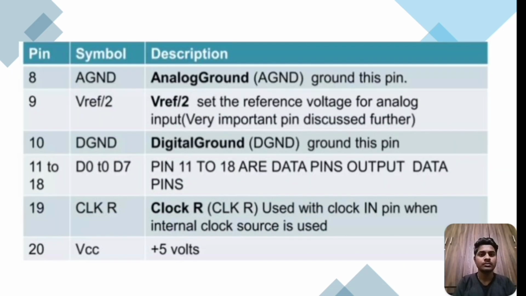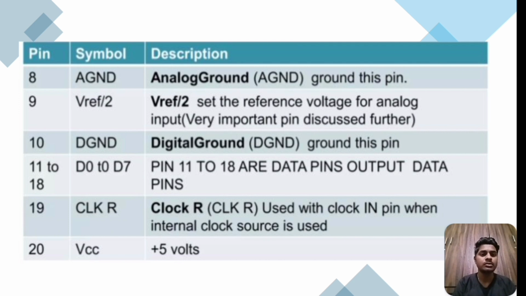Other pin functions are: A GND, analog ground to this pin. VREF, to set the reference voltage for analog input, very important, discussed further. D GND, digital ground to this pin.